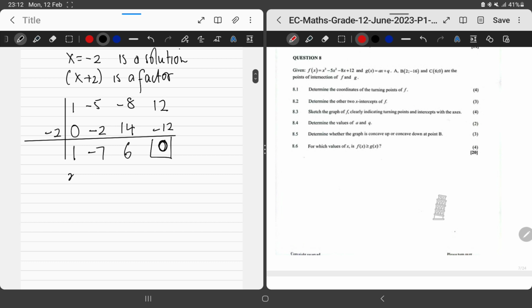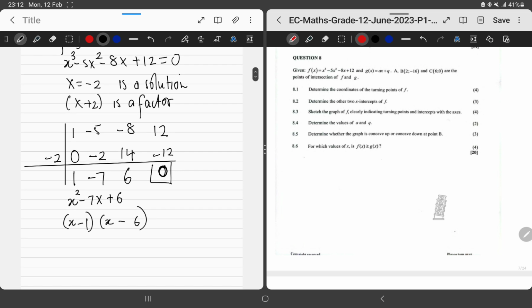And then this is going to be x squared minus 7x plus 6. And then you're just going to find the factors. So this is an x and an x. This is going to be a 6 and a 1. And both of them are negative. Don't forget, I already have one of the factors there.